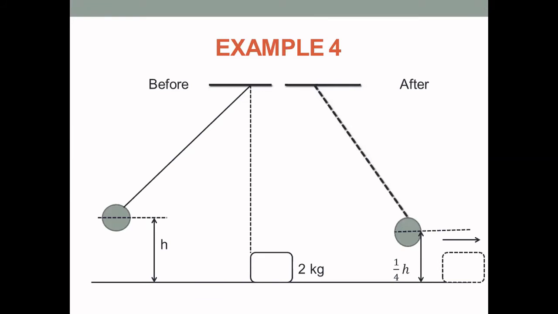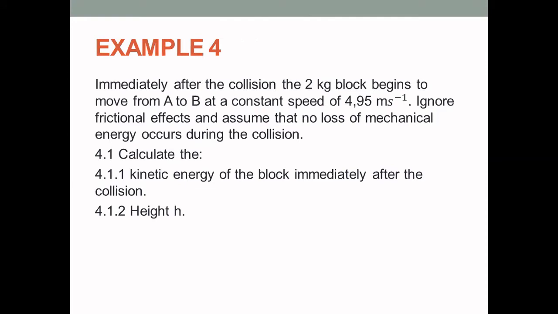So we are given the diagram. Immediately after the collision, the 2 kilogram block begins to move from point A to point B with a constant speed of 4.95 meters per second. Ignore frictional effects and assume that no loss of mechanical energy occurs during the collision.